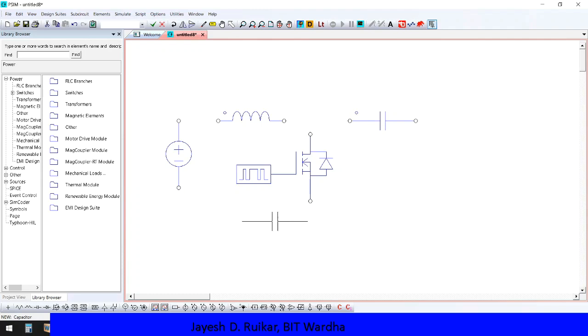And then again we need an inductor here. Then we need a diode, and one capacitor is required, and then we require a resistance.